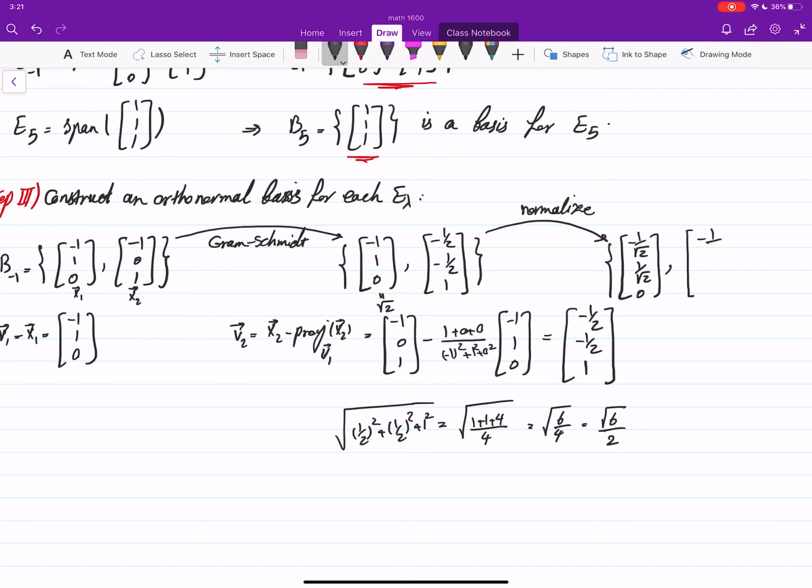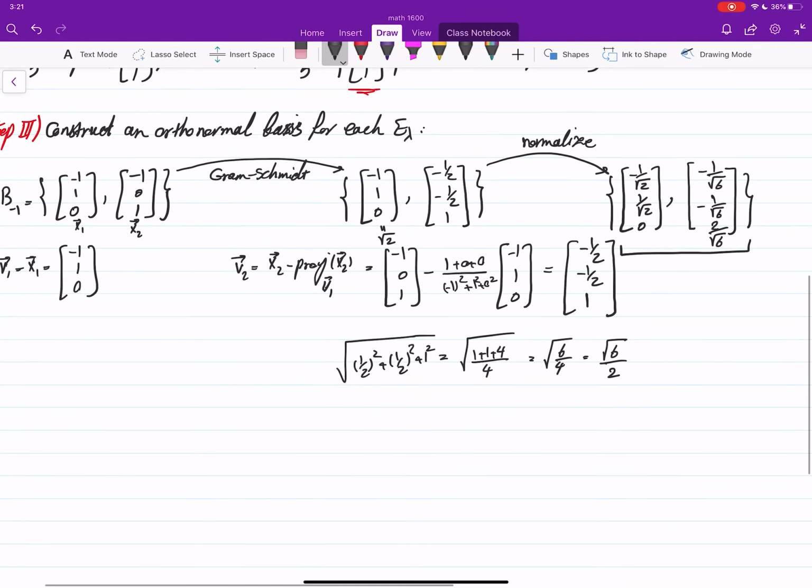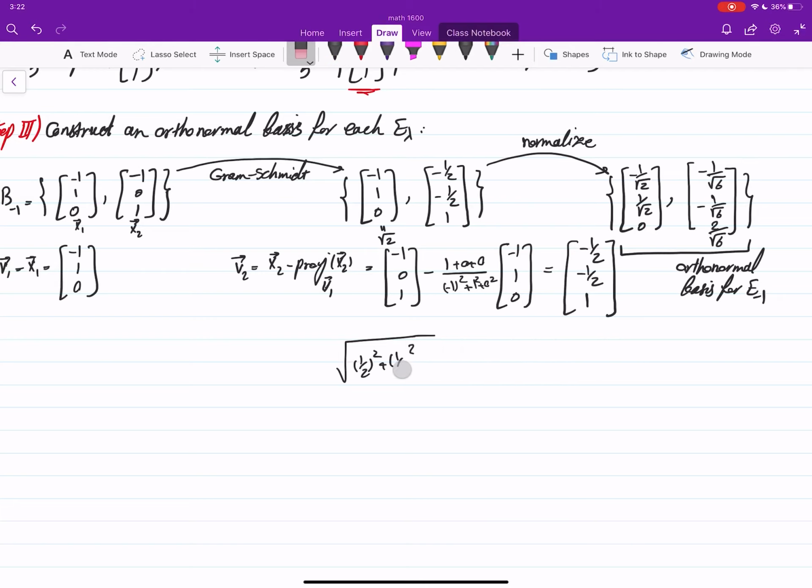This will be negative 1 over root 6, negative 1 over root 6, and that last one is going to be 2 over root 6. Okay, so this is the orthonormal basis for the eigenspace of negative 1.